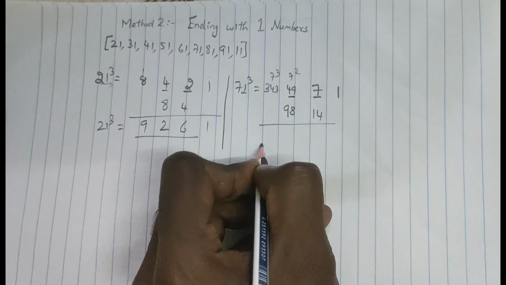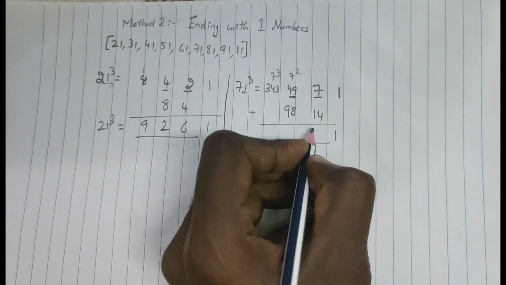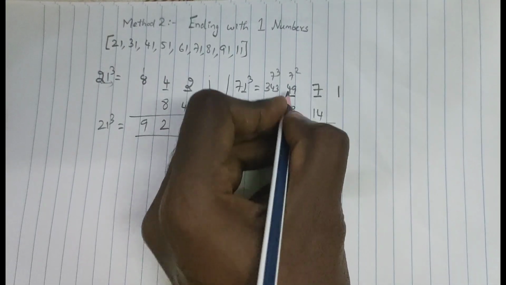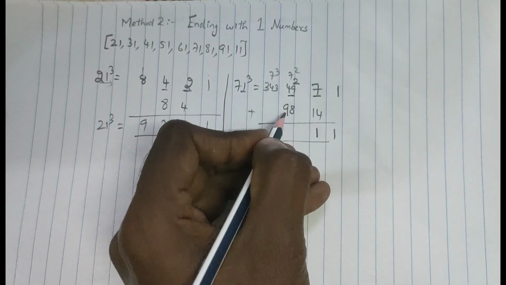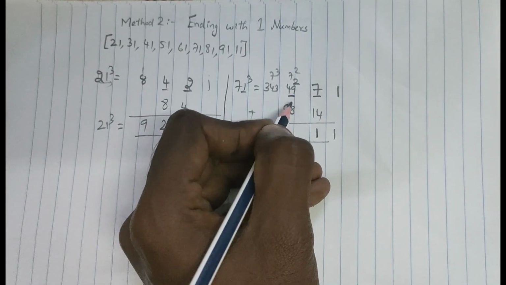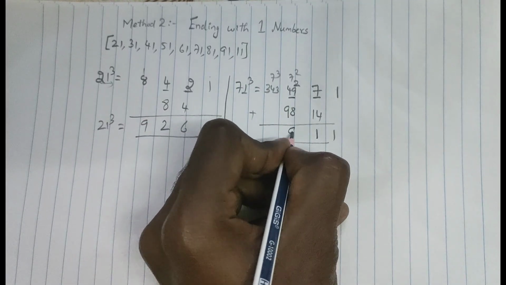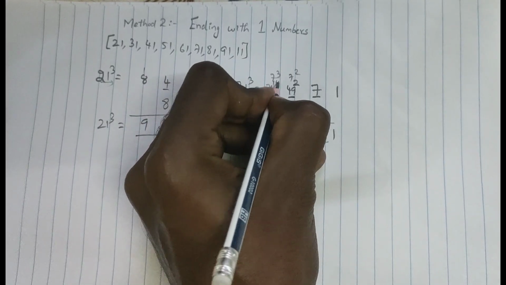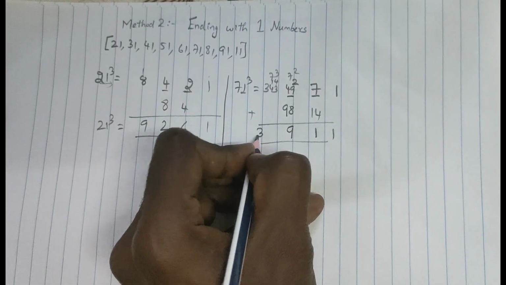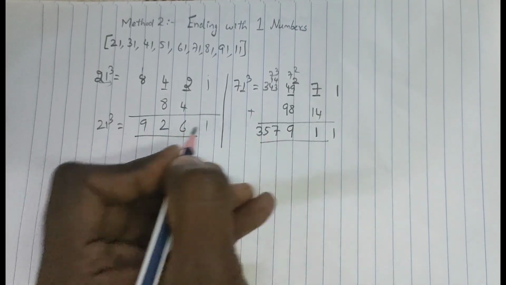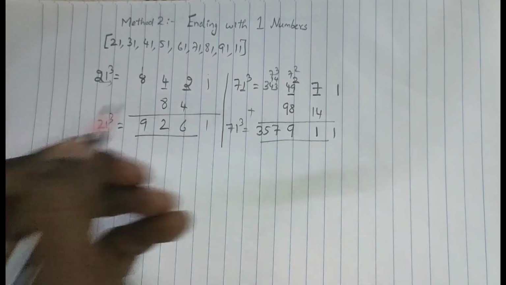Now we add: 7 plus 14 is 21, 1 here, and we carry over 2 to the next. 49 plus 98 plus 2: 98 plus 2 is 100, 100 plus 49 is 149, 9 here, and 14 will be carried over. 343 plus 14 is 357. So 71 cube is equal to 357911.